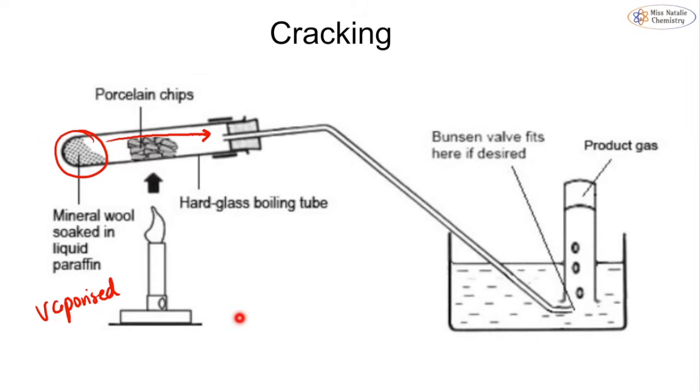And our catalyst here is porcelain chips, which is a mixture of alumina and silica, and then these broken down gases are going to pass through a delivery tube and be collected over water. Now you could also collect it in a gas syringe, but we tend to do this by collecting it over water, and then we form our product inside the test tube here.